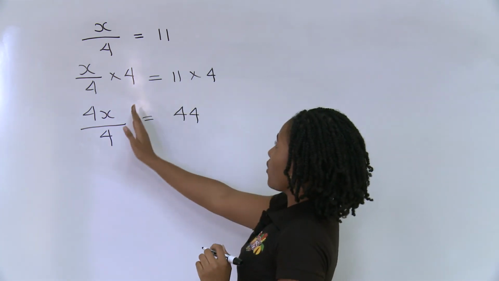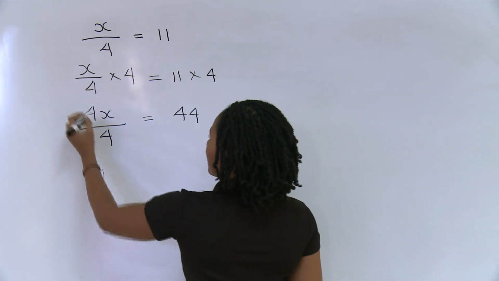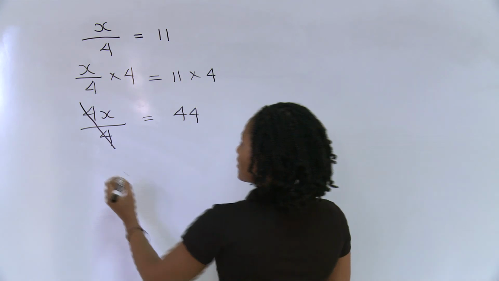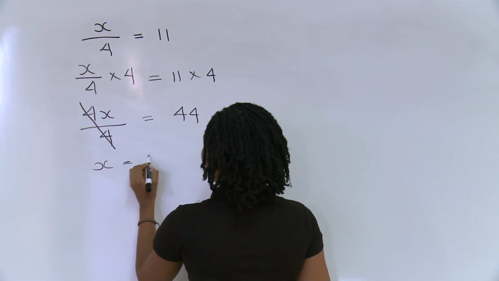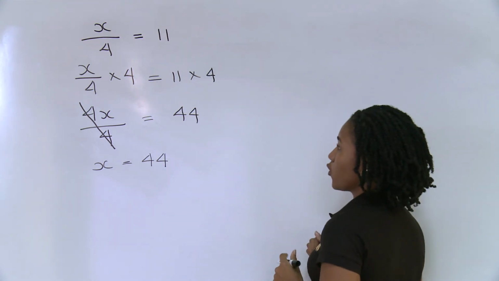By multiplying our left-hand side by 4, we're now able to cancel out our 4's, leaving x as the subject of our equation, and we have x is equal to 44.